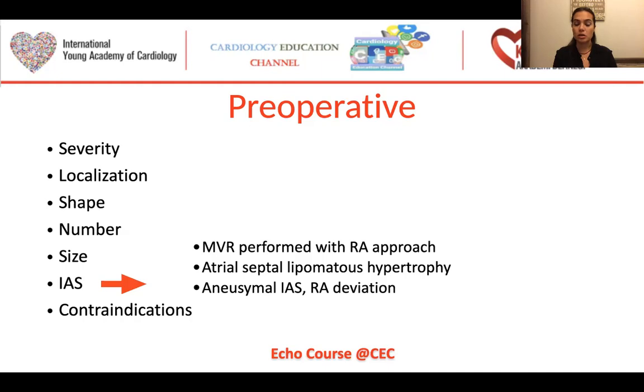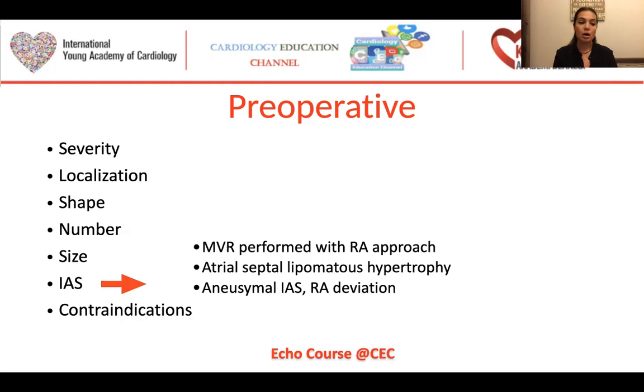So the condition of the interatrial septum is important. It could be lipomatous, hypertrophic, or aneurysmal, or can be deviated to the right atrium. They all make our puncture really harder.